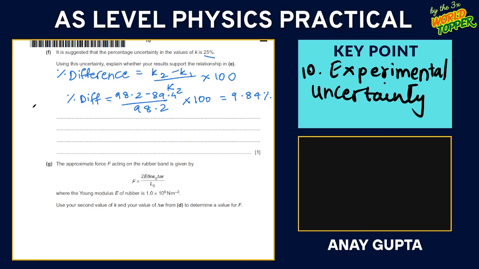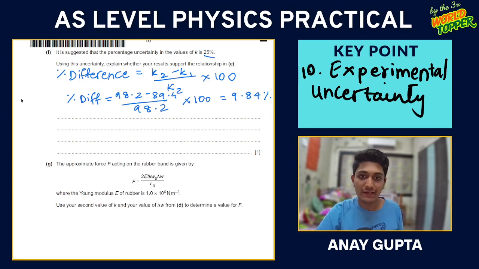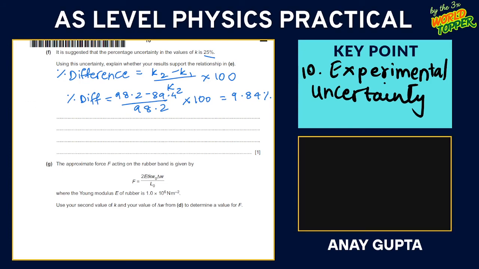Now after this, we have 3 very important statements that we need to write. The first statement is: percentage difference is less than percentage uncertainty.